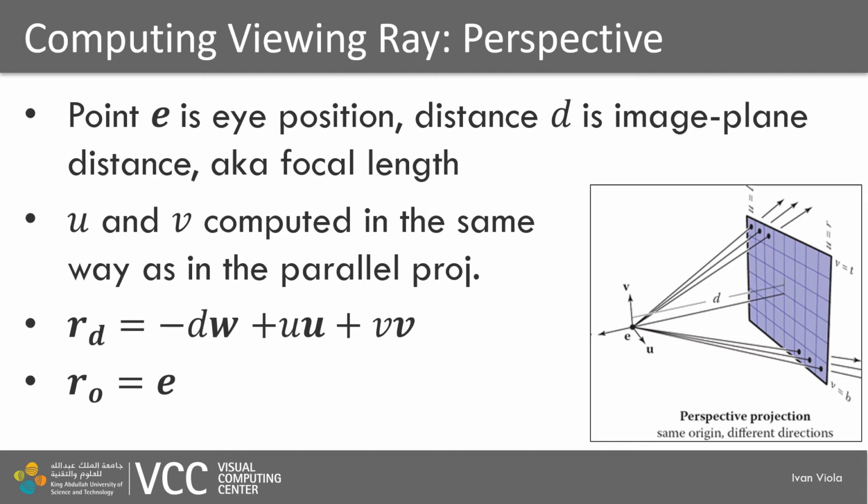The u and v are computed in the same way as for the parallel projection. So we are iterating between the L and R position with this iterator and with this pixel spacing as it was defined on the previous slide, a couple of slides back. And then once we have these, the ray origin here is very simple because that will be kept constant for the perspective projection, and this will be E for all the rays.